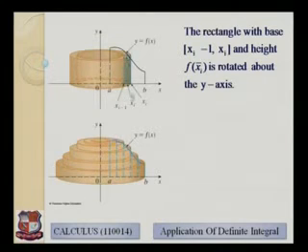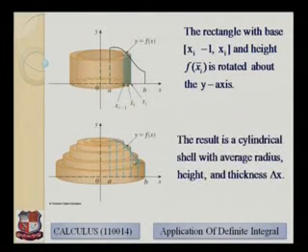In the same way, when we consider xi bar as x, then y is equal to f of xi bar, which is the height of that rectangle. It forms one kind of rectangle, which, rotated about the y axis, gives the cylindrical cell with average radius, height, and thickness delta x.